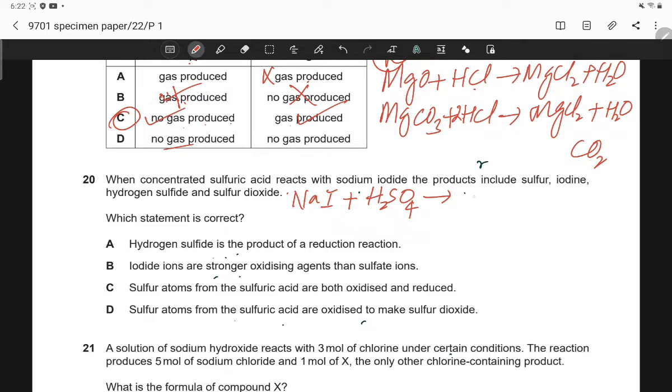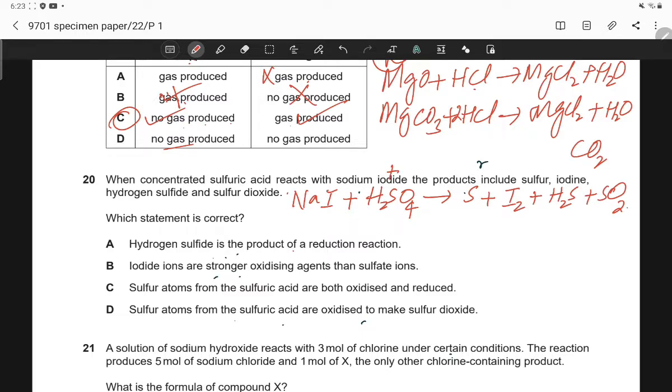The products are sulfur, iodine, hydrogen sulfide, H2S, and SO2. Which statement is correct? Hydrogen sulfide is the product of a reduction reaction.